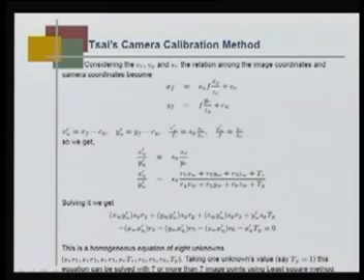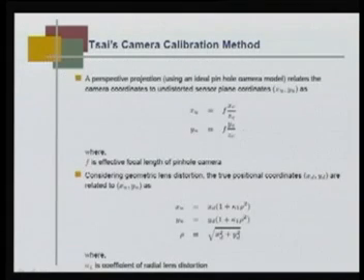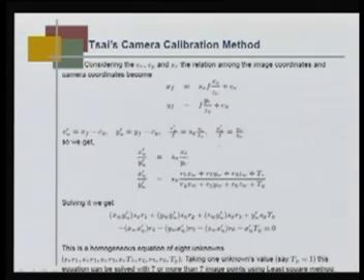Similarly, xu dash upon f is sx xc upon zc, and yu dash upon f is yc upon zc, from this relationship. So finally, we get these two equations. If I solve these two equations, I get this equation.